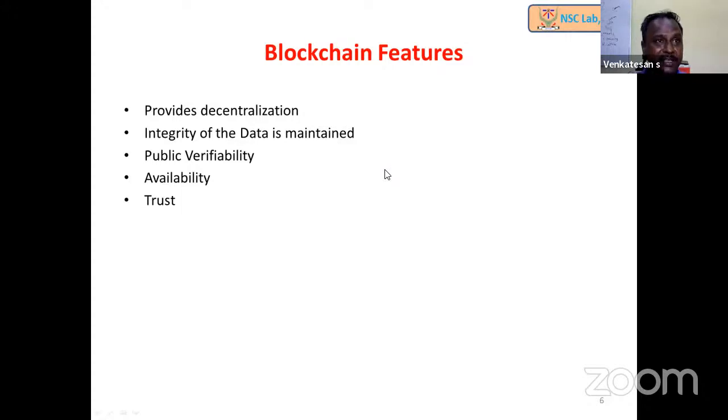We will see the different types of blockchain, and how we choose for our application, in the last slide. And next, it ensures availability because it is distributed. Because of all the above, the application is going to bring trust. That's the reason people are very much interested in applying blockchain technology in their applications.